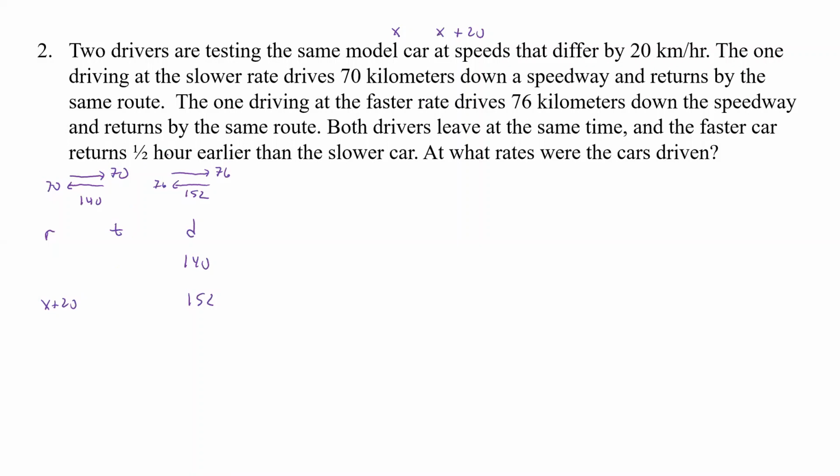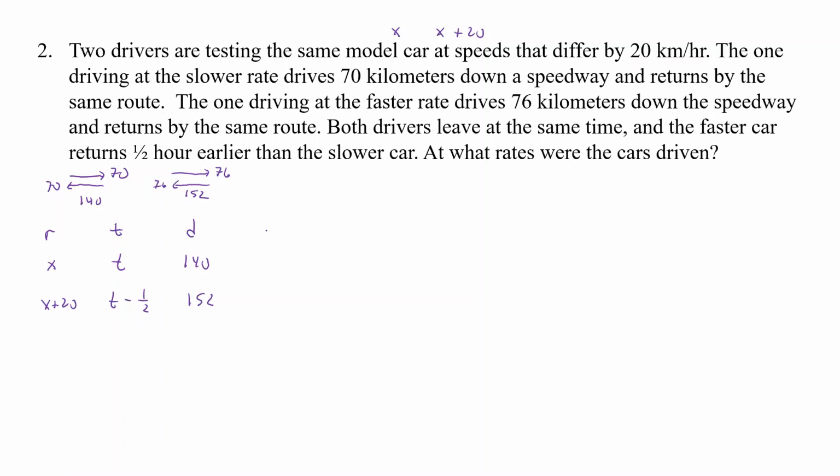And since it was half an hour shorter, we'll take the total time minus the half hour. On this one, the rate is just X and the time is just T. So this one's going 20 kilometers per hour faster. It took a half hour less, but it went 152 kilometers. This one went at rate X and for a time T for 140 kilometers.